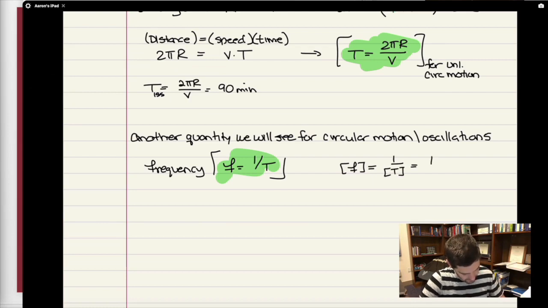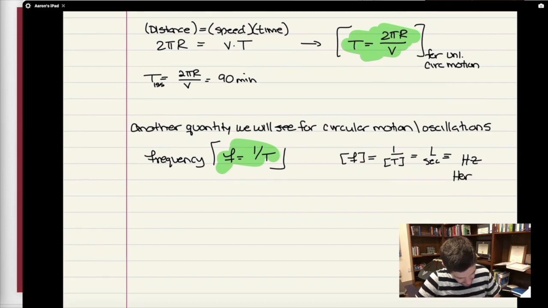So in SI units, it's 1 over second. This pops up so much it has its own name. This is called the hertz, named after Hertz. So if you say something is 20 hertz, what it means is that there are 20 oscillations or 20 periods per second, for example.